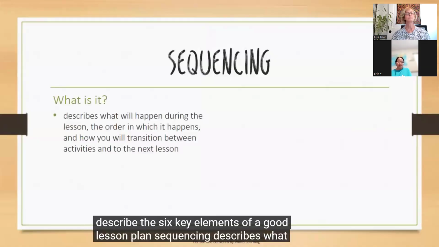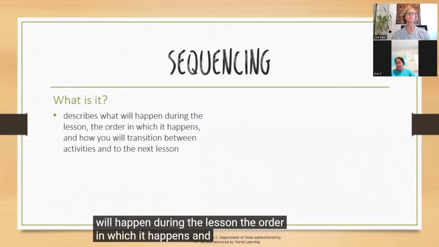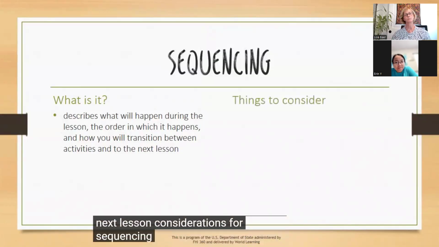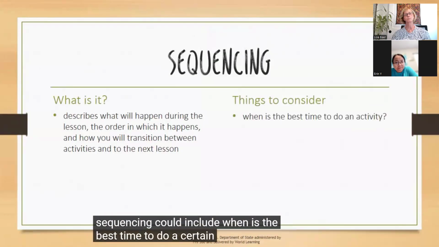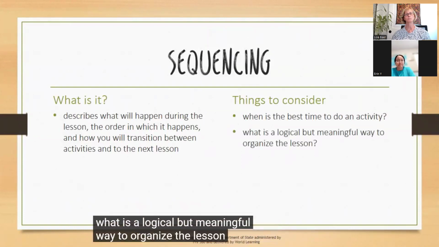Sequencing describes what will happen during the lesson, the order in which it happens, and how you will transition between activities and to the next lesson. Considerations for sequencing could include when is the best time to do a certain activity, and what is a logical but meaningful way to organize the lesson.